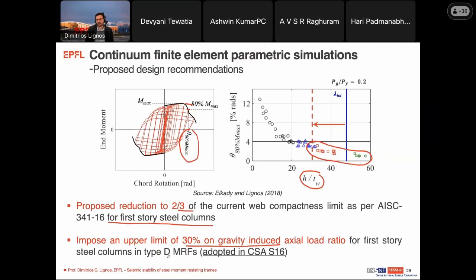If you are dealing with ductile moment-resisting frames, this is something that has been adopted by the Canadian provisions. And the 30% limit is something that, at least for typical steel moment frame designs, you could easily satisfy. So it's not a big restriction. It's just something for the designer to keep in mind, and perhaps consider increasing the size of the column a little bit to satisfy this limit, again only for the gravity-induced axial load ratio and not for the total overturning effect, which of course could go higher.